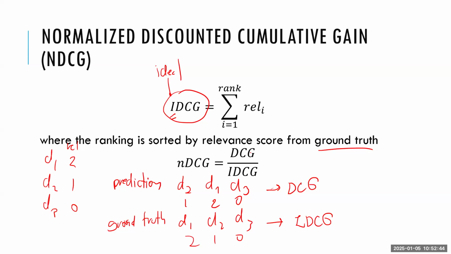And your final answer would be the DCG divided by IDCG. So it's basically comparing your ranking with the perfect ranking. And the perfect ranking is by taking your ranking and then sorting it by the value from the ground truth.